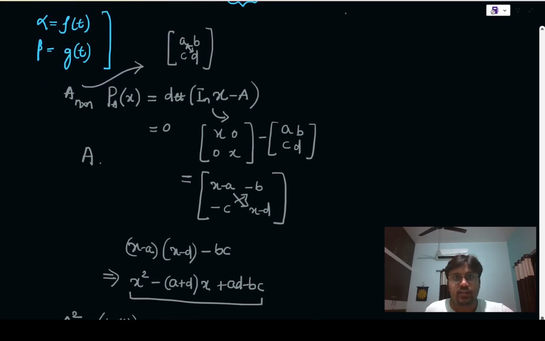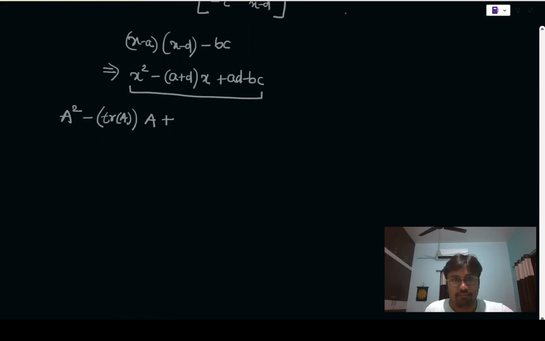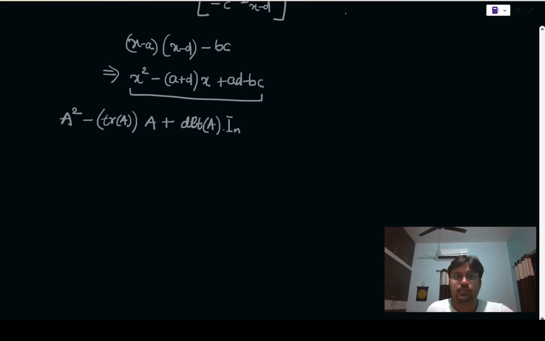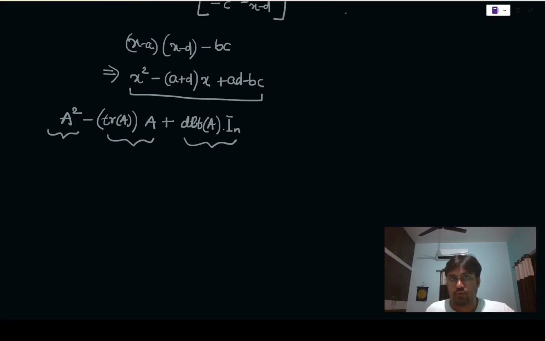AD minus BC is the determinant of A, so plus determinant of A times I, the n by n identity matrix. Since this is an n by n matrix, and we're adding something to it, the determinant is a scalar value, so we have to multiply it with an n by n matrix to keep everything in the form of n by n matrices.